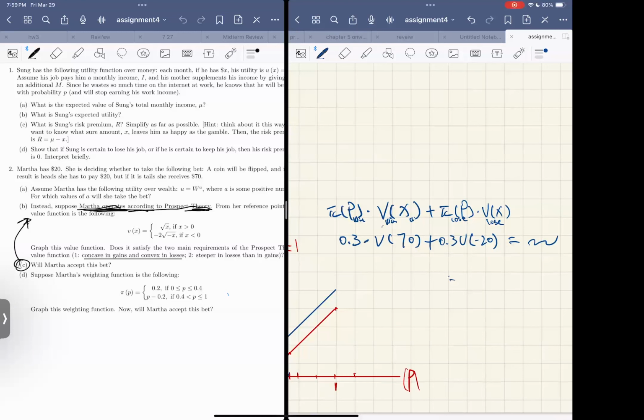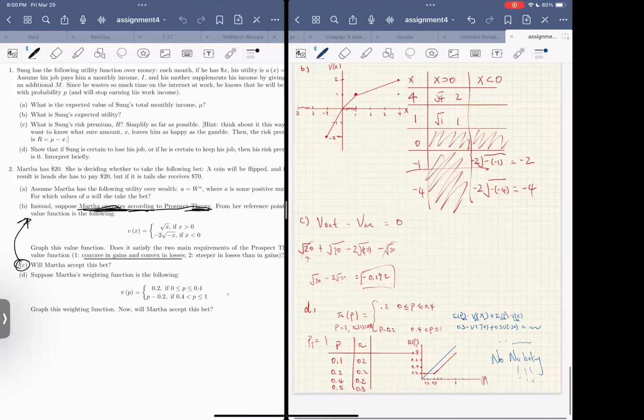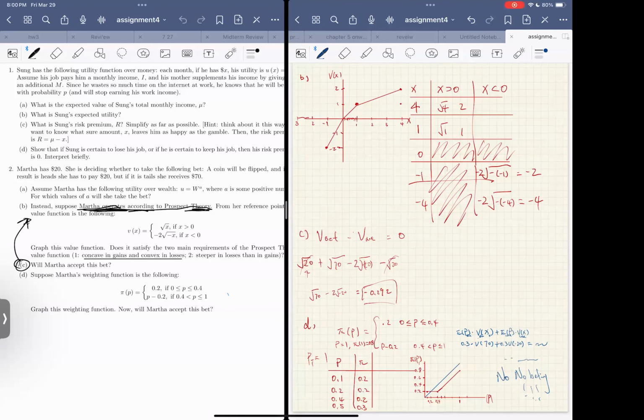And then you get that number equals negative something. And then no betting. Okay. Does it make sense? Yeah, that makes sense. Thank you.